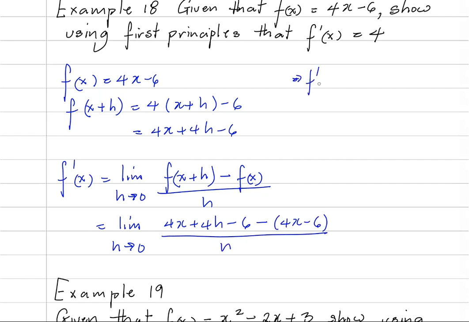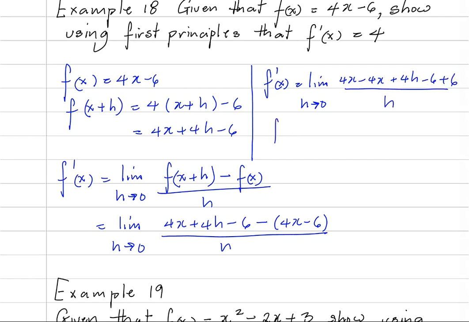So f prime of x is equal to the limit as h approaches 0 of 4x minus 4x plus 4h minus 6 plus 6, and this is all over h.